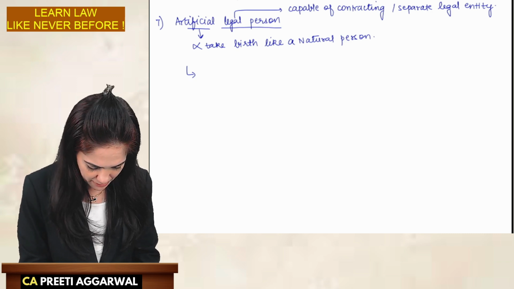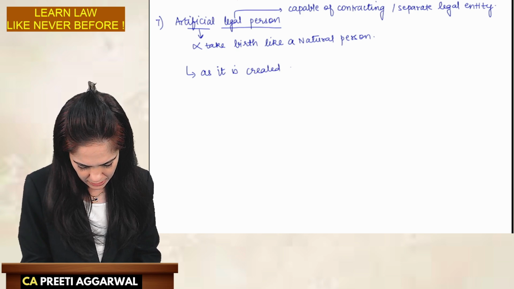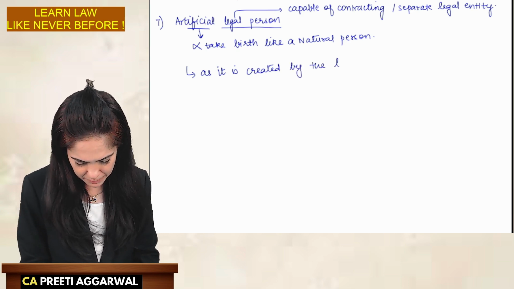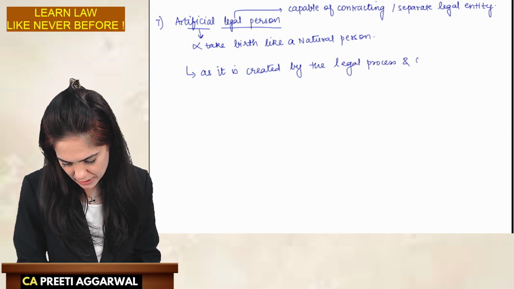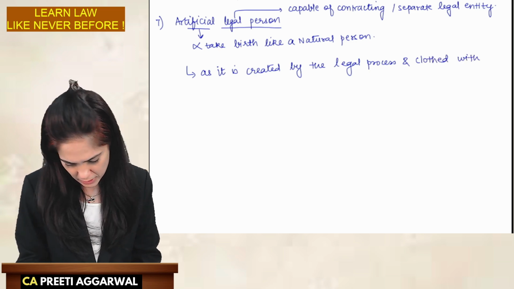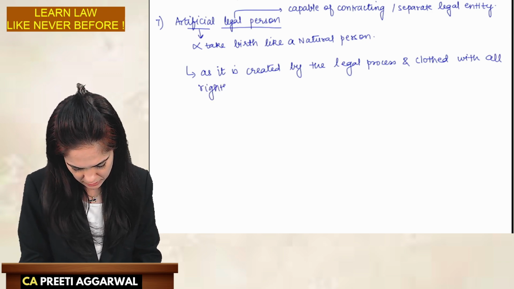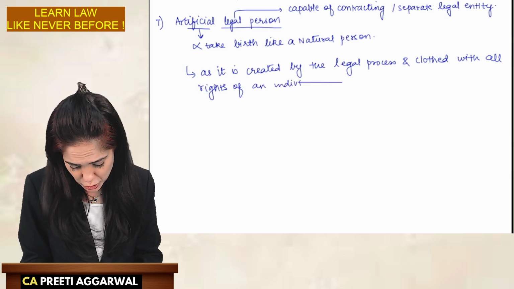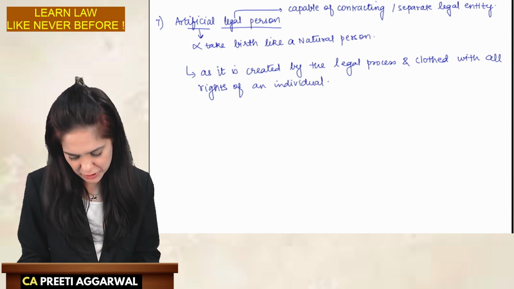It is artificial because it is created by the legal process and clothed with all rights of an individual. So it can perform all the acts that an individual can.